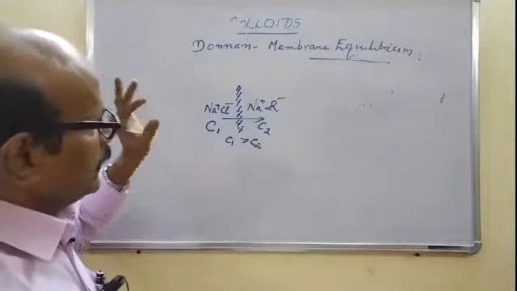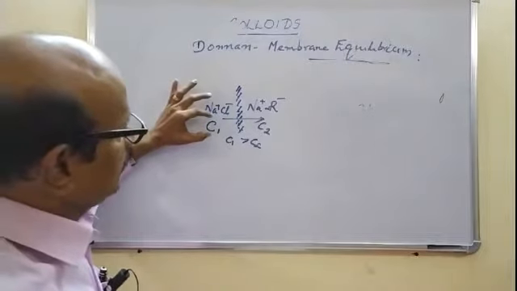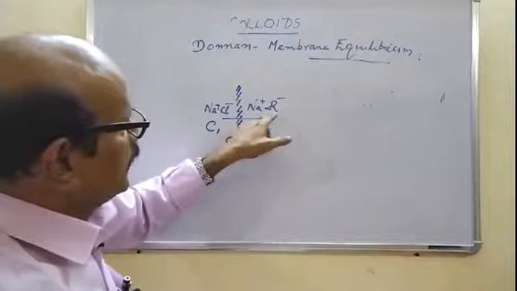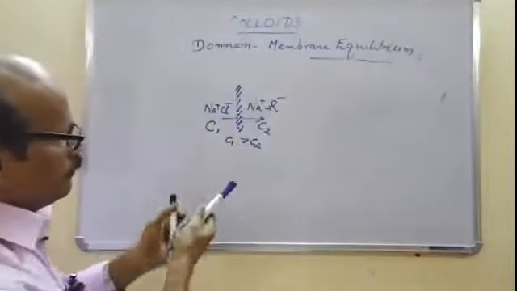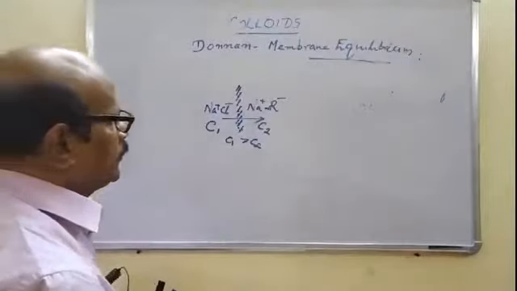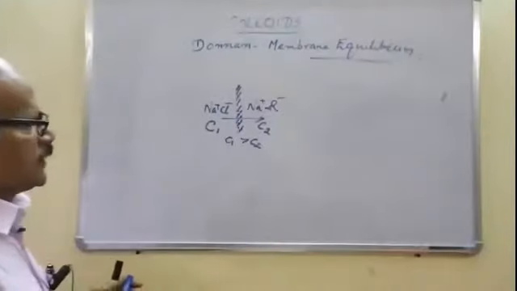Okay, what we have taken is, let C1 be the initial concentration of Na plus and Cl minus, and let C2 be the concentration of Na plus R minus on the right side. Let X be the number of moles of the sodium and chloride ion that have diffused from left side to the right side.